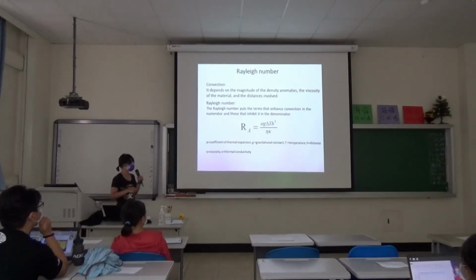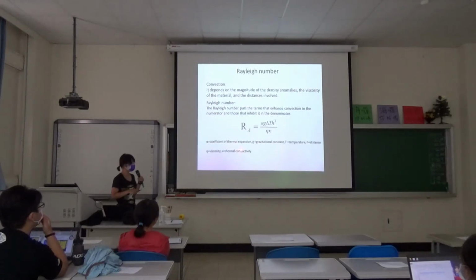Alpha is the coefficient of thermal expansion, g is the gravitational constant, T is temperature, h is distance, eta is viscosity, and kappa is thermal conductivity.